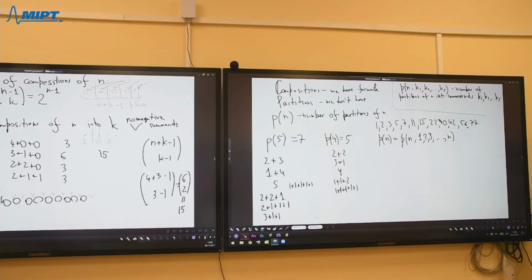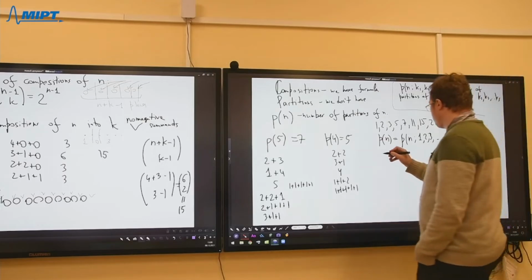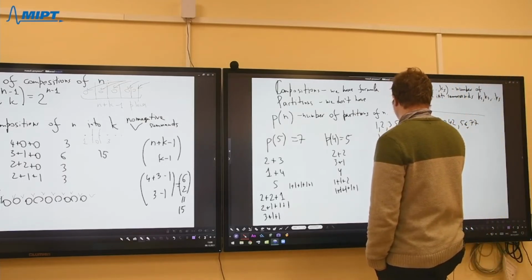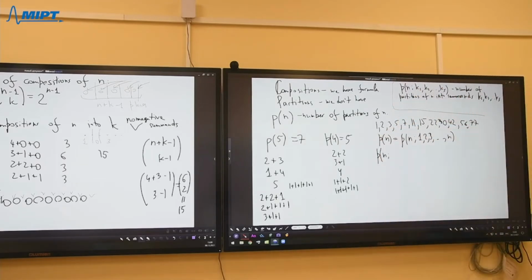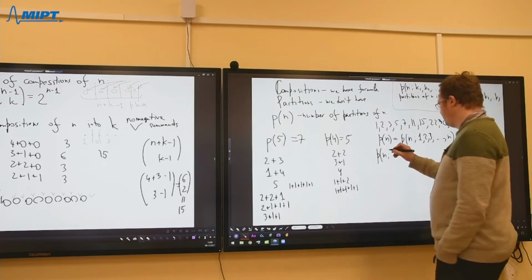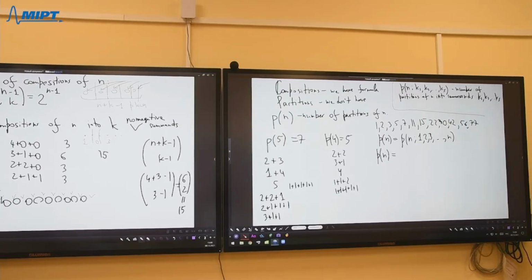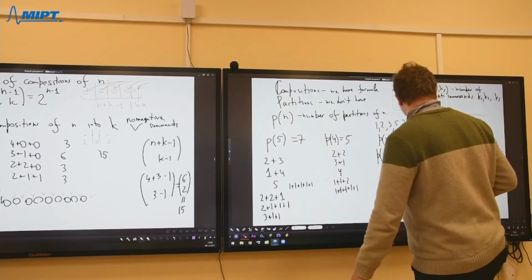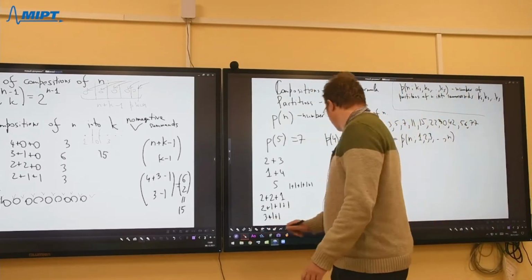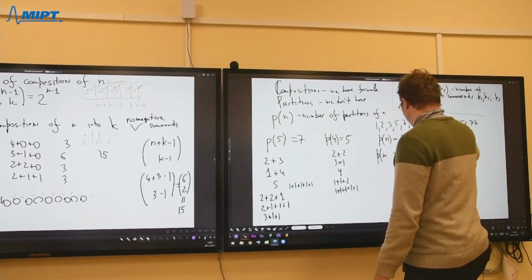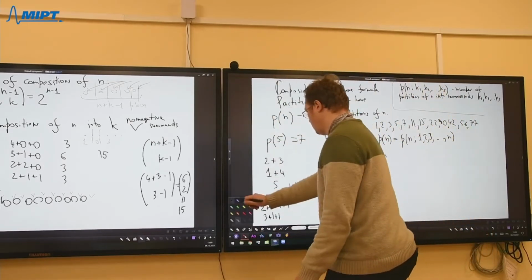So now we can write some kind of recurrence formula.